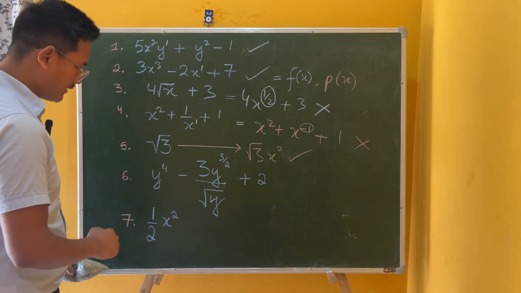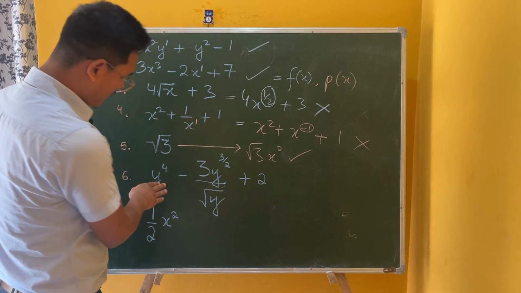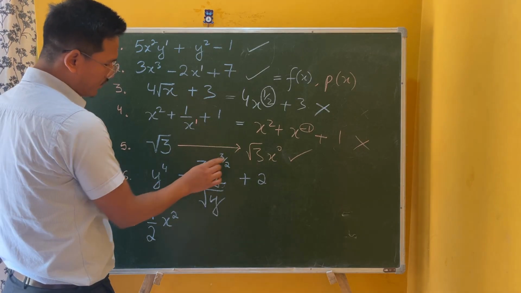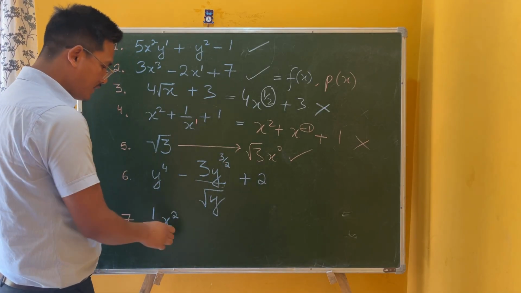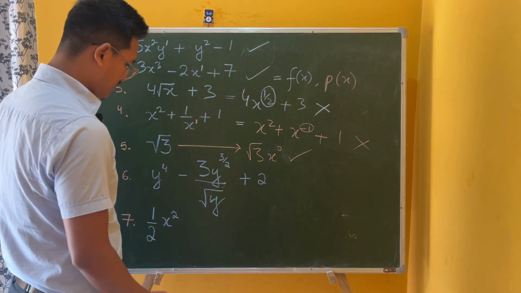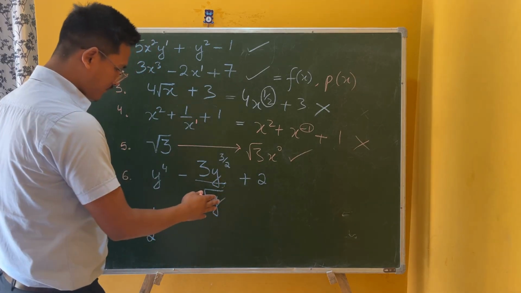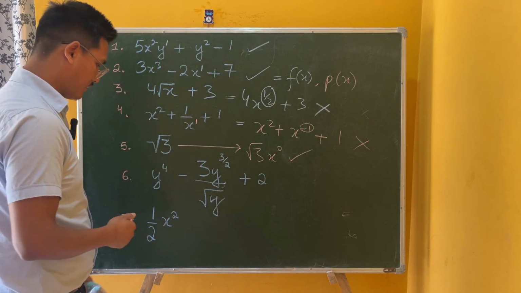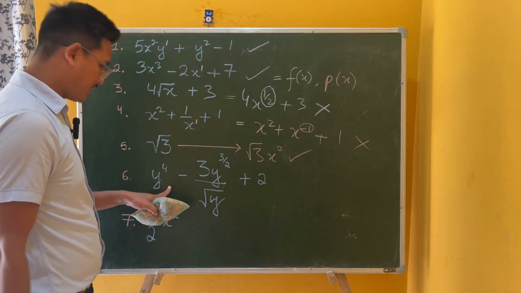So now look here. At first when you look at it, the power of y is 3 by 2. It's a fraction, and in the denominator, it's root y. You might think that this is not a polynomial. This is just an algebraic expression.